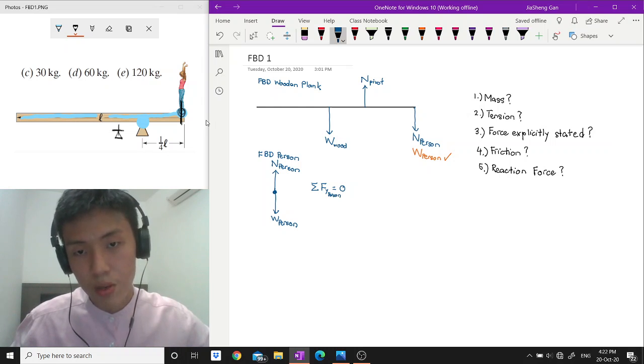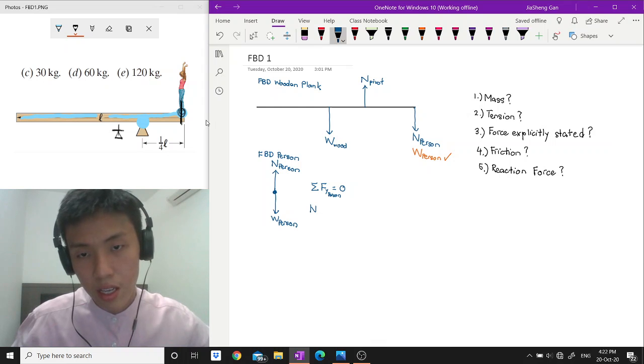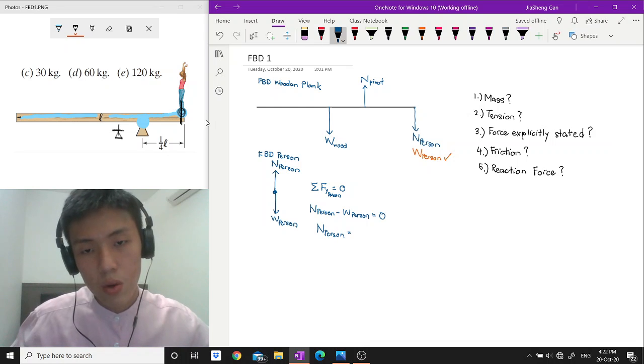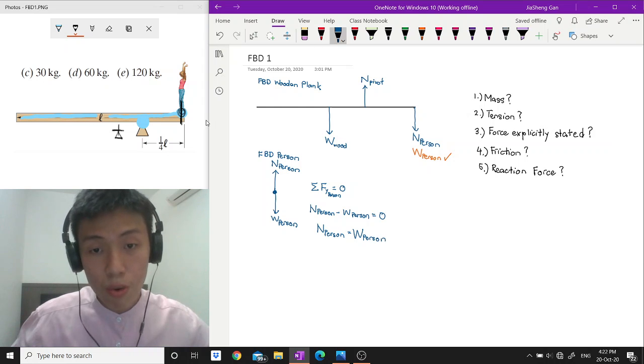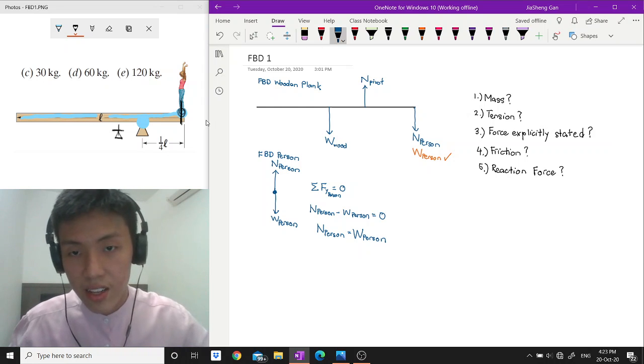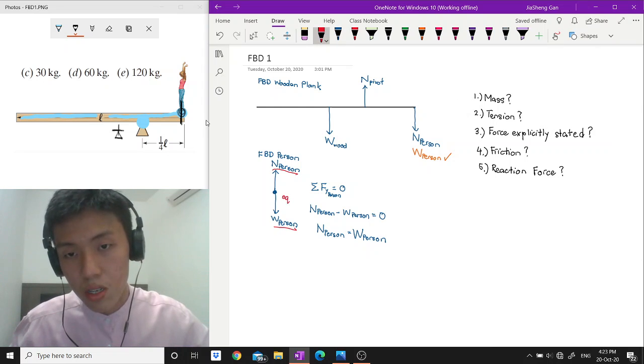is equal to 0 for the person. If the sum of Fy is equal to 0, then the normal of the person minus the weight of the person equals 0. That's why the normal of the person is the weight of the person. So you don't need to write both of these. This is just telling you that this thing and this thing are equal.